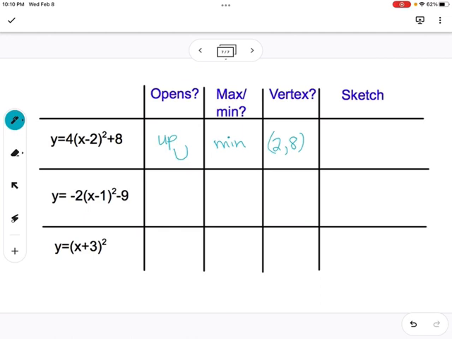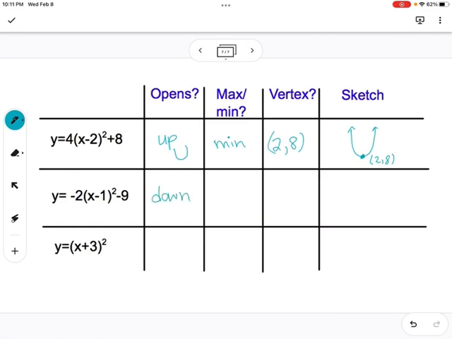So making a sketch of this, we know it opens up, so our parabola is going to look like so, and we know the vertex is at the point 2, 8. Looking at the next one, y equals negative 2, x minus 1 squared minus 9. Our a value is negative, so it's going to open down.